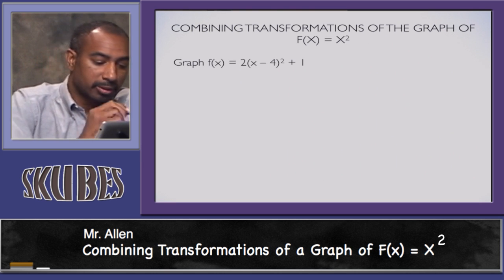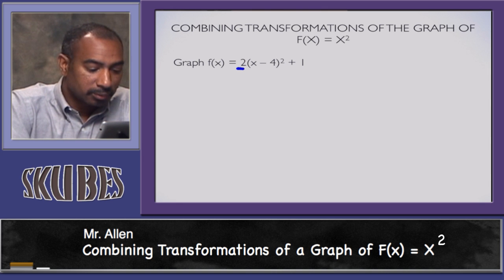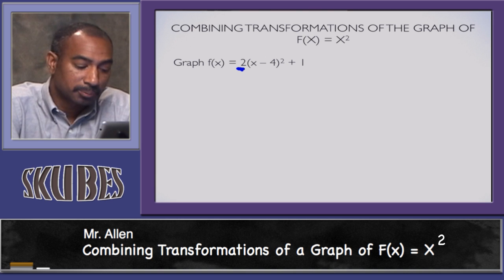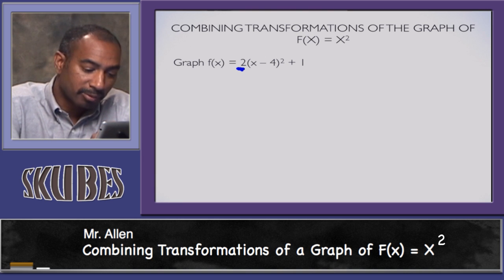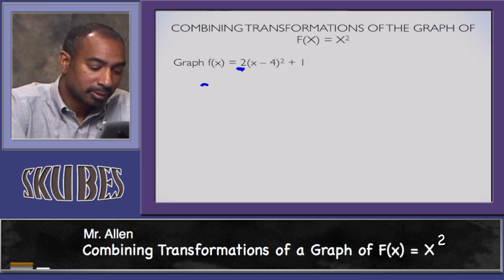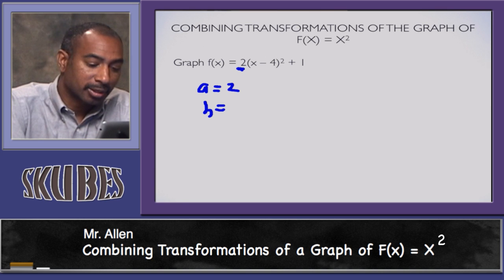Okay, this one, notice we have a 2 here. That means we're going to have to shrink it by 2. And we're going to go to the right 4 and up 1. That's what that means, because a is 2, and we know h is -4, but that means you have to go to the right 4 units.